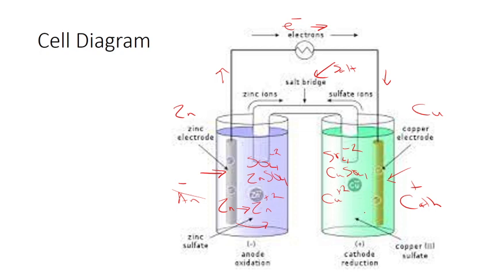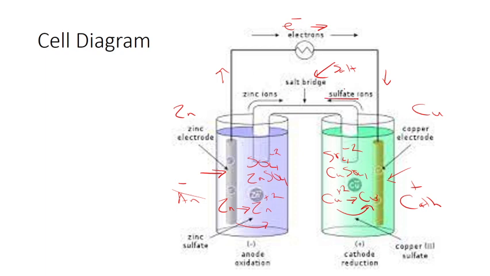And on the copper side, the cathode side, you have copper ions going to copper, and they are coming out of solution and plating onto the electrode. And so eventually you're going to have an imbalance of charge, which is where the salt bridge comes in.